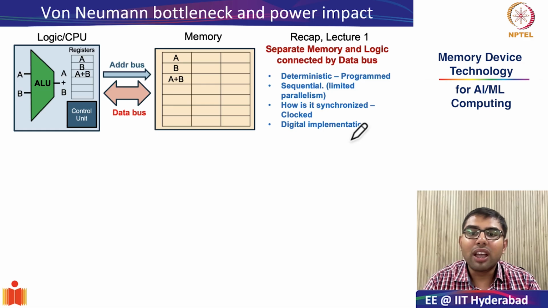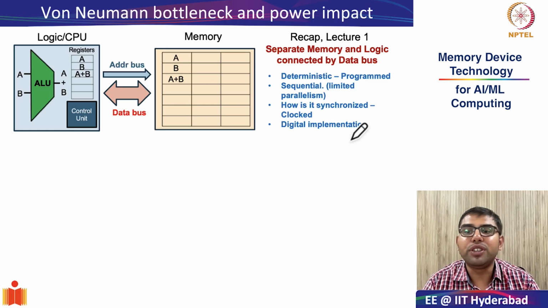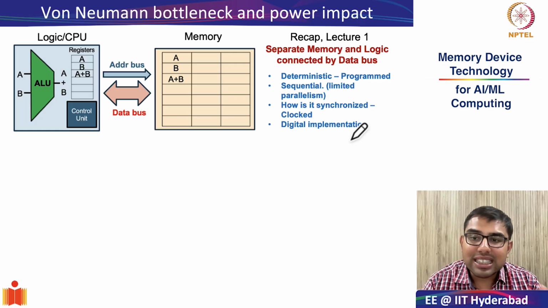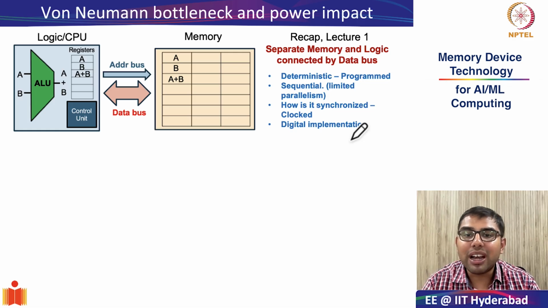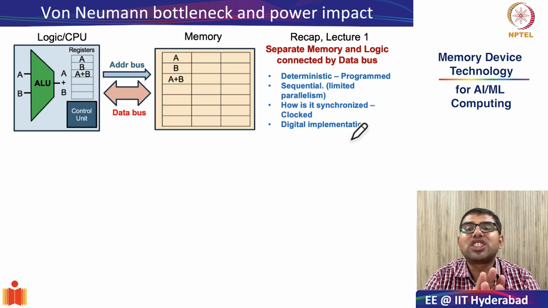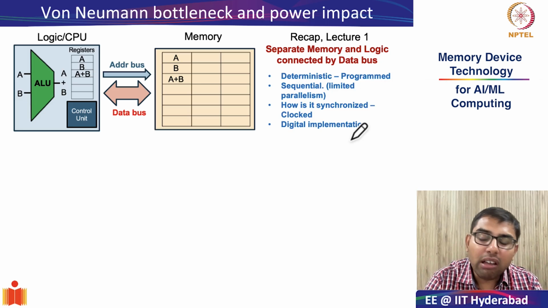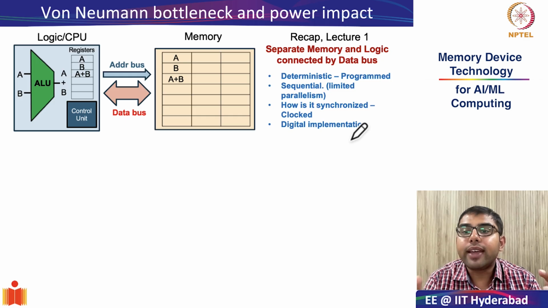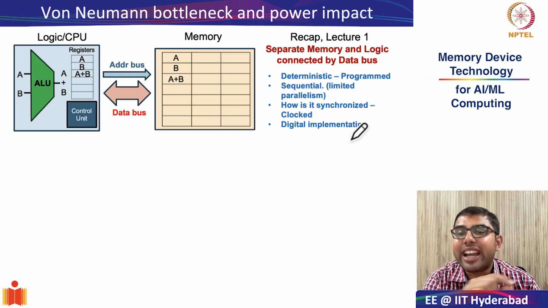So this will be a quick recap of our first lecture of this course. As you can see, this figure represents the classic von Neumann architecture, where the memory and logic units are separate both functionally and spatially, and they are connected through this data bus.